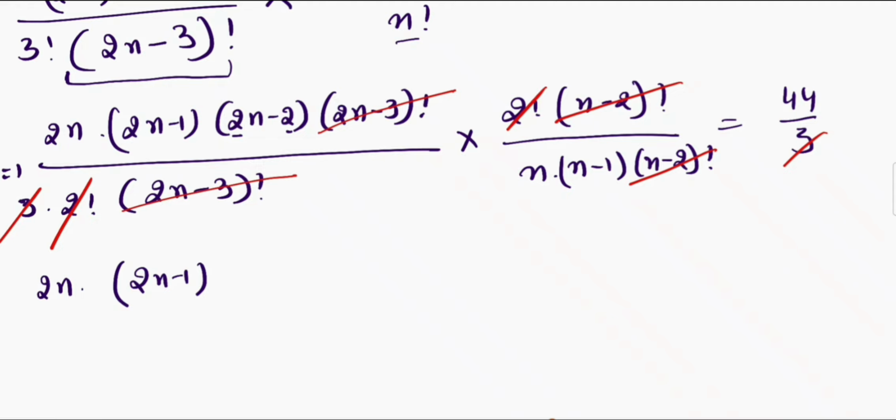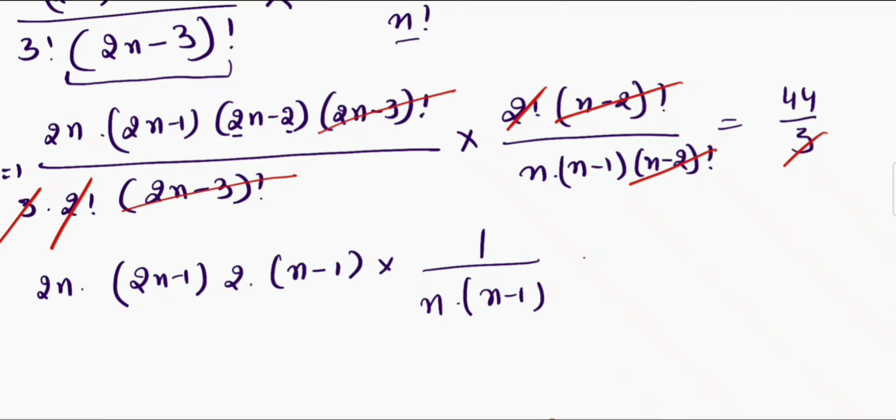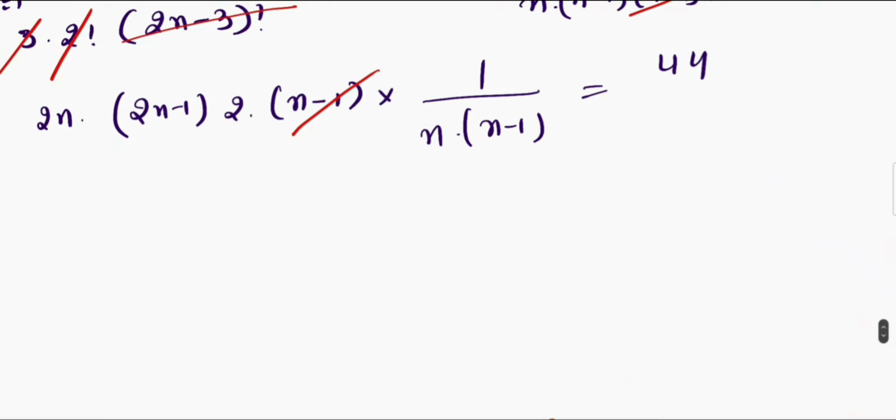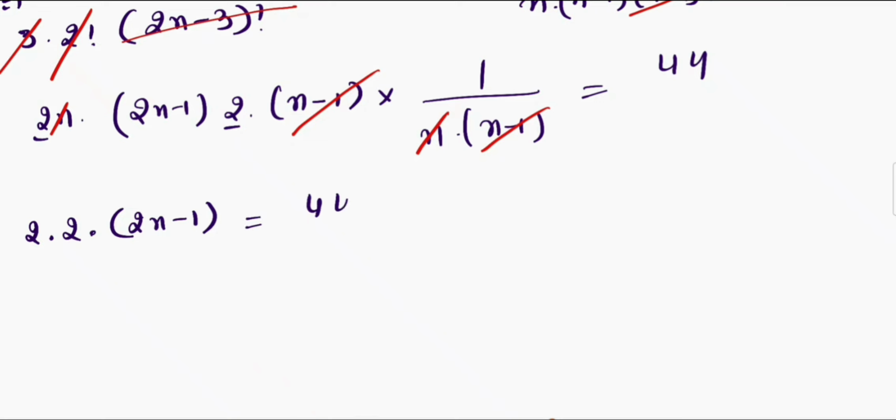From here I can take 2 out: 2 times (n minus 1), multiplied by 1 divided by n times (n minus 1), which is equal to 44. So here also this will get cancelled with this, and this n will get cancelled with this. So we will be left with 2 multiplied by 2 times (2n minus 1) is equal to 44.